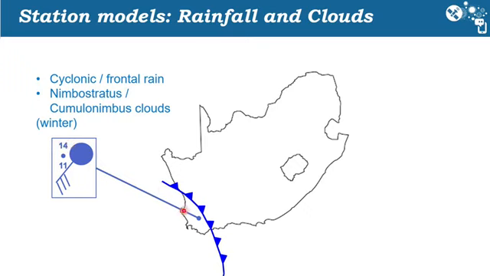Then also behind the cold front, because it is raining, our air temperature and our dew point temperature are usually relatively close to one another, and there's a symbol for rainfall, and we have totally overcast conditions with a high wind speed here behind the cold front.